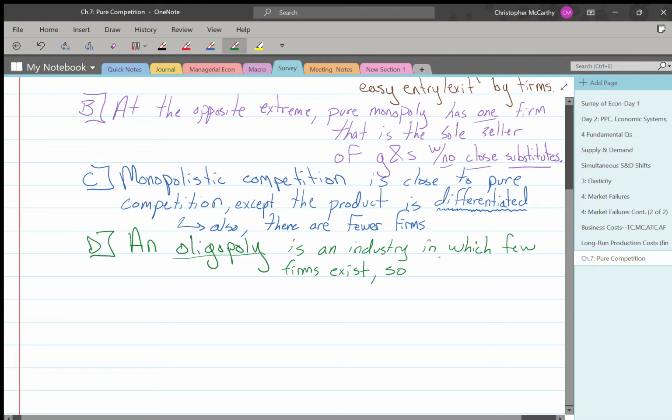The main defining aspect of oligopoly is that each firm is affected or impacted by the price and output decisions of its rivals.